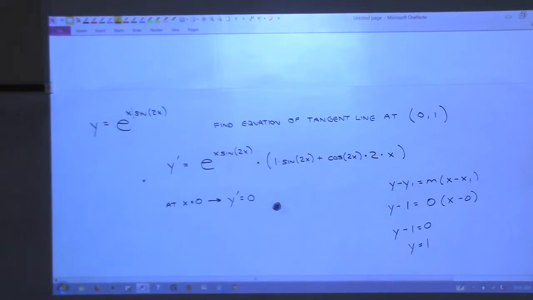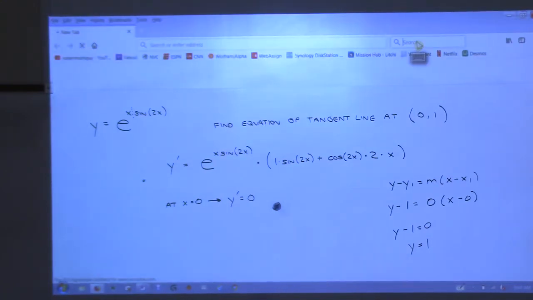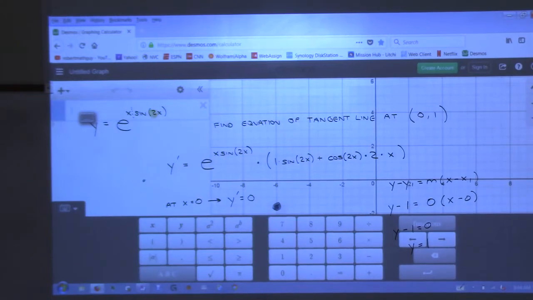So let's do it. I'm curious to see what that graph looks like. We've used Desmos a few times, right? Okay, so I'm going to graph e to the x times sine of 2x.